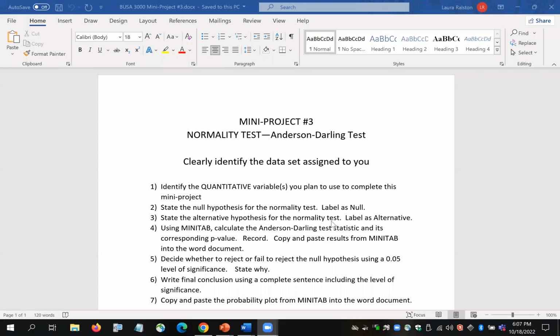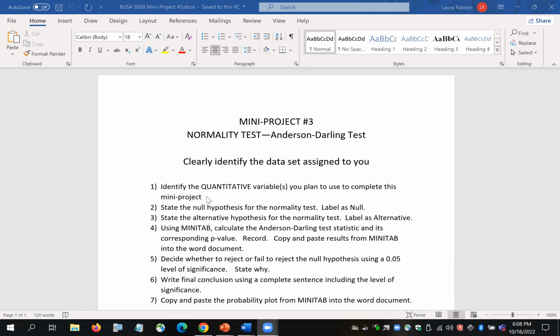Let me see if I can pull it up so you can see it. In bold print in the header, clearly identify the data set assigned to you. So right there in that spot, you need to tell me that you either have the supply chain data set or you have the hospital data set.